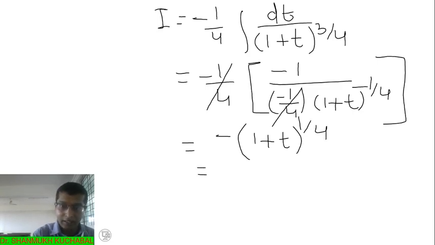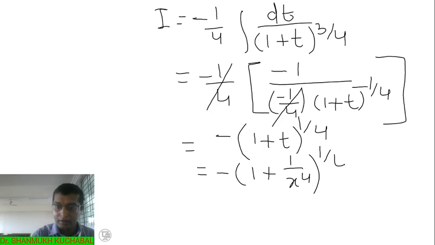Further I write the value of t as 1 by x raised to 4 raised to 1 by 4. Taking LCM, we get x raised to 4 plus 1 divided by x raised to 4 raised to 1 by 4.